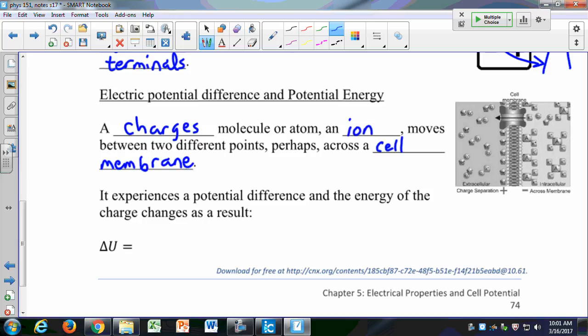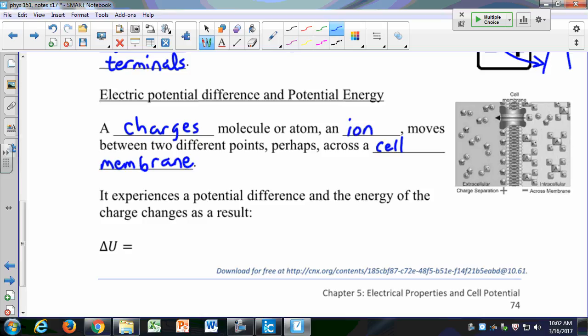And it experiences a potential difference. One side is more positive than the other. I have a bigger figure later. We're going to have charges that move back and forth because of this difference in potential.